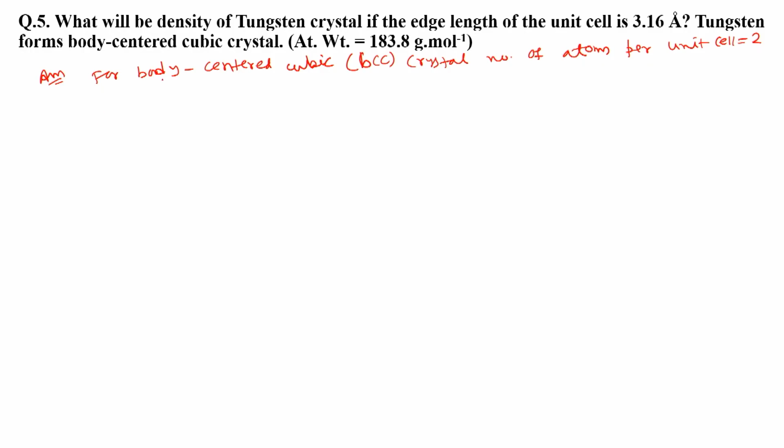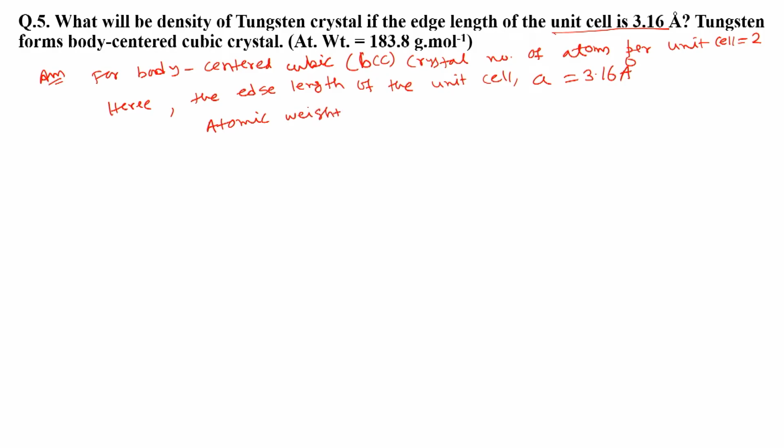And here what is given? The edge length of the unit cell, A, is 3.16 angstrom, and the atomic weight of tungsten, W, is 183.8 grams per mole.